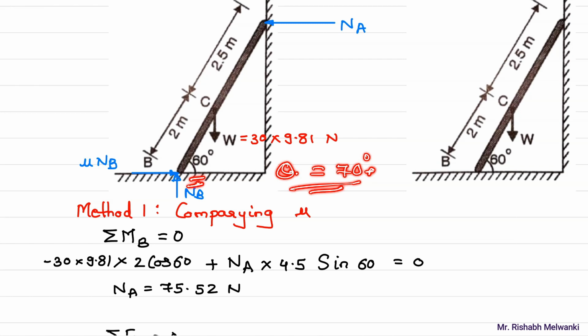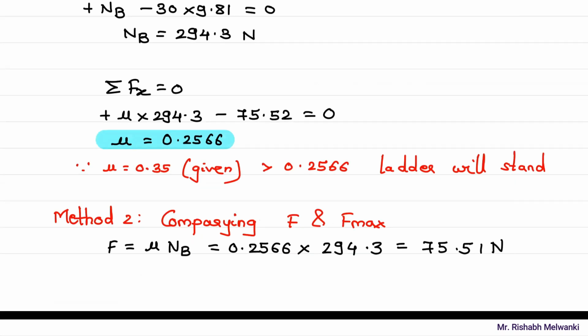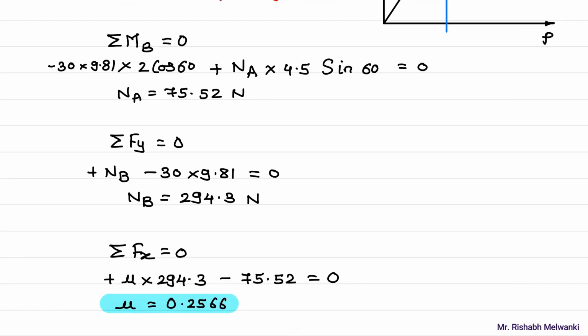So will the ladder stand or slip? The ladder will slip, because the angle is less. So if the angle is less, it will slip easily. If the angle is more, it will not slip. So the same thing is there. Wherever this 60 is there, I'll erase that, and instead of that 60, I'll keep this value as theta only.